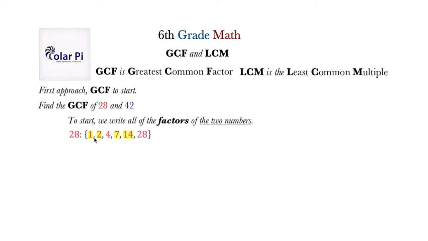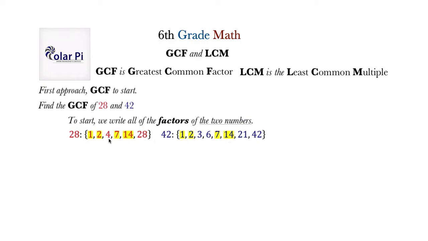In a second, you'll see why I have highlighted some of them in yellow. We do the same for 42. 42 has more factors. Here they are. Now you should see why I have highlighted some of them in yellow. Because 1 is a common factor to 28 and 42. So is 2. 2 is a common factor. 7 and 14.